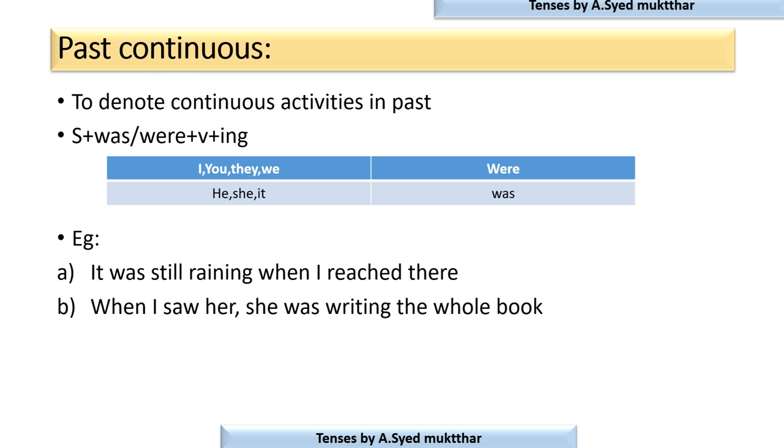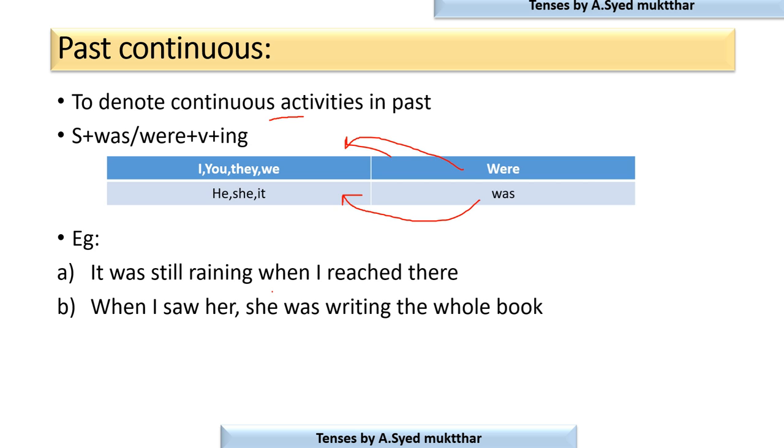The next type is past continuous. This past continuous is used to denote continuous activities which took place in the past. The formula is subject plus was or were plus verb plus ing. Were is used in the case of you, we, they, and was is used in the case of I, he, she, it. Example: it was still raining when I reached there.